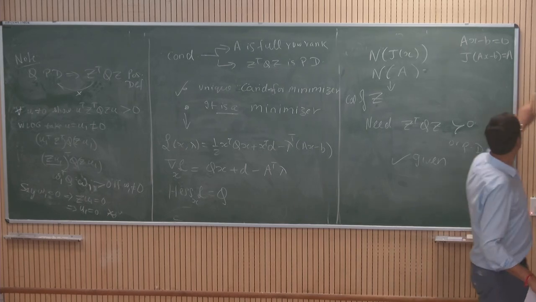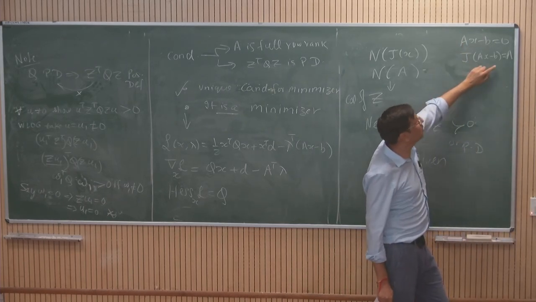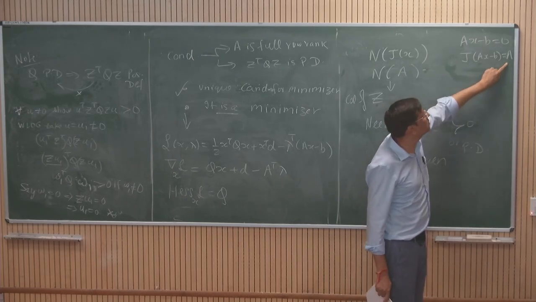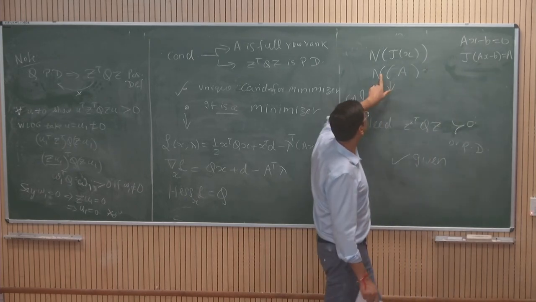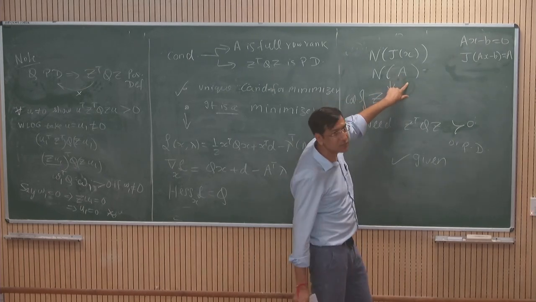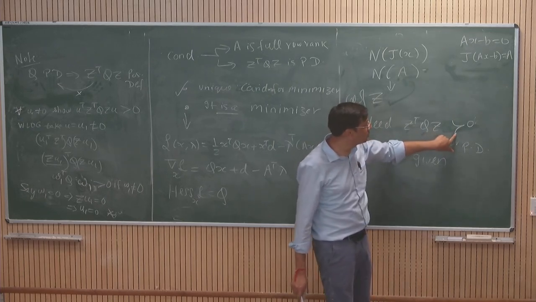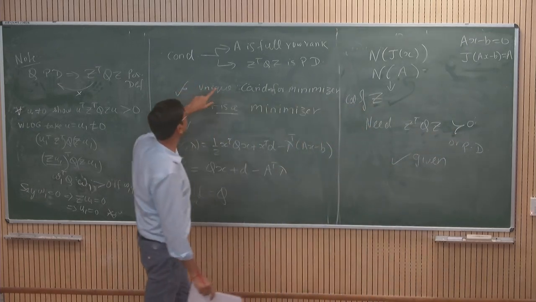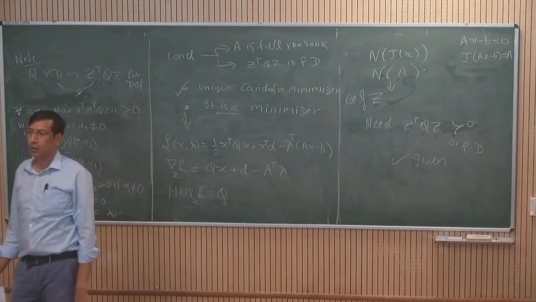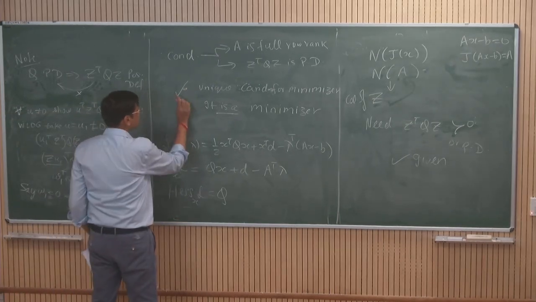Once you find the Jacobian of the constraints, it turns out to be A. This we had found. So now what's the null space of A? We already know that the columns of Z form the basis of the null space of A. This is given to us. So we just had to show that Z transpose QZ is positive definite, which is already given to us. Everybody with me? So now we proved this also below.